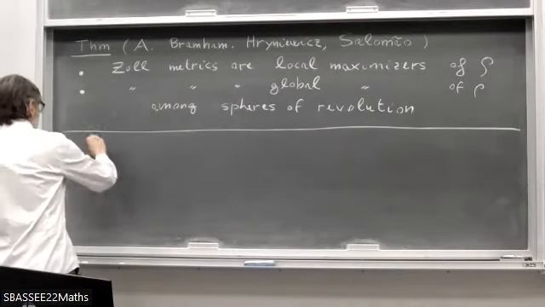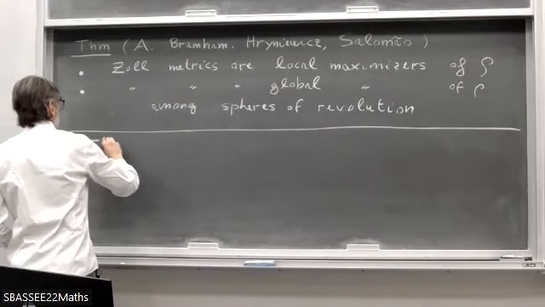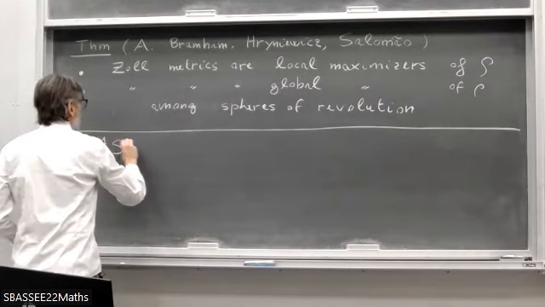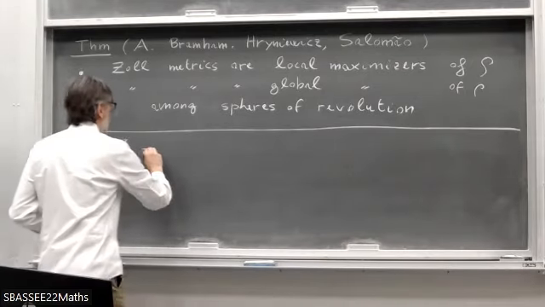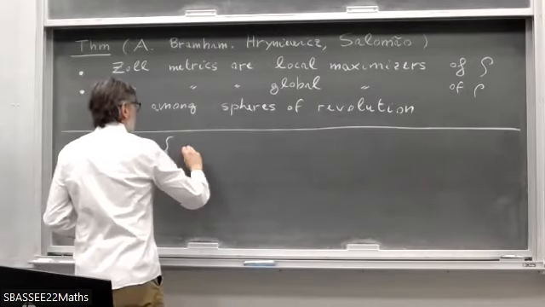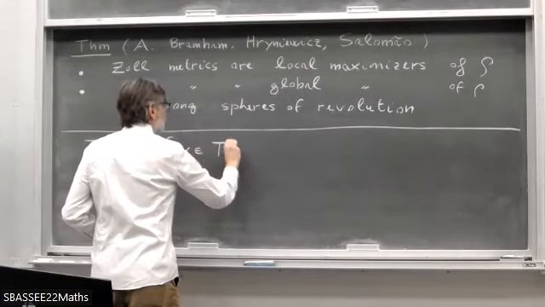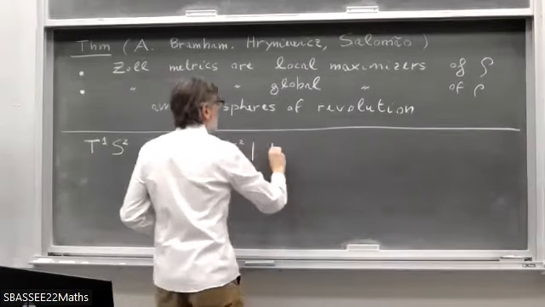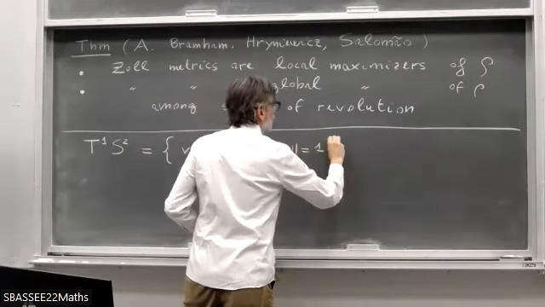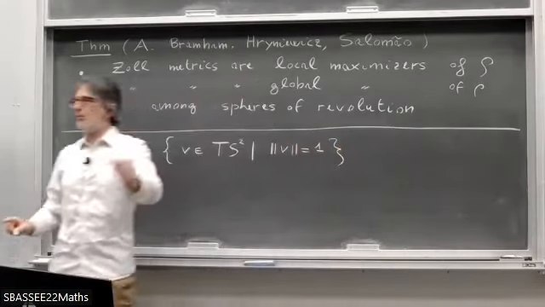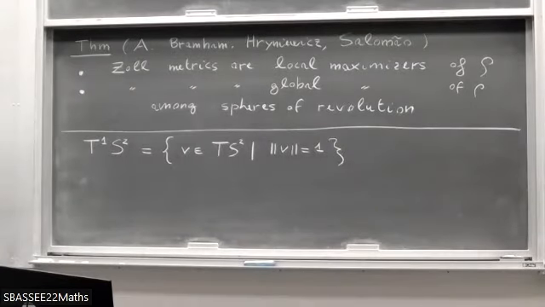So the phase space of the geodesic flow is the unit tangent bundle of S2. These are the tangent vectors to S2 with unit norm, right? Because we can always think that our geodesics are parameterized with velocity 1.